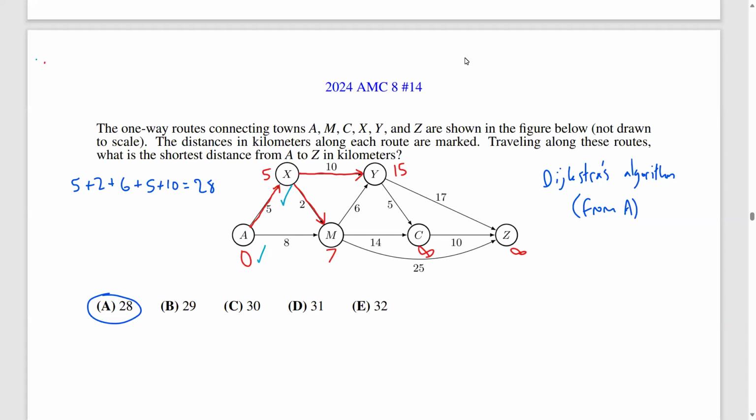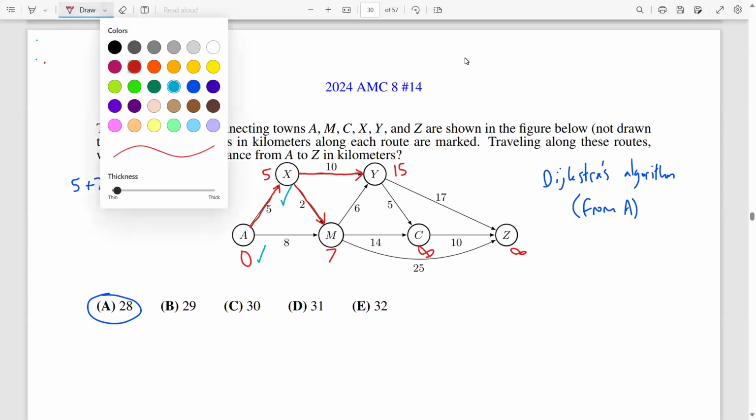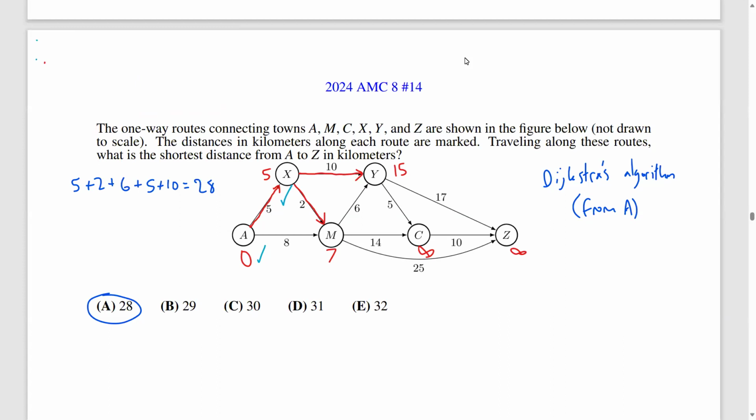Next, we look at town M because M has the smallest distance estimate out of the vertices or the towns that have not been visited. And we do the same thing. We look at the edges that go outward from M and update the distances accordingly.